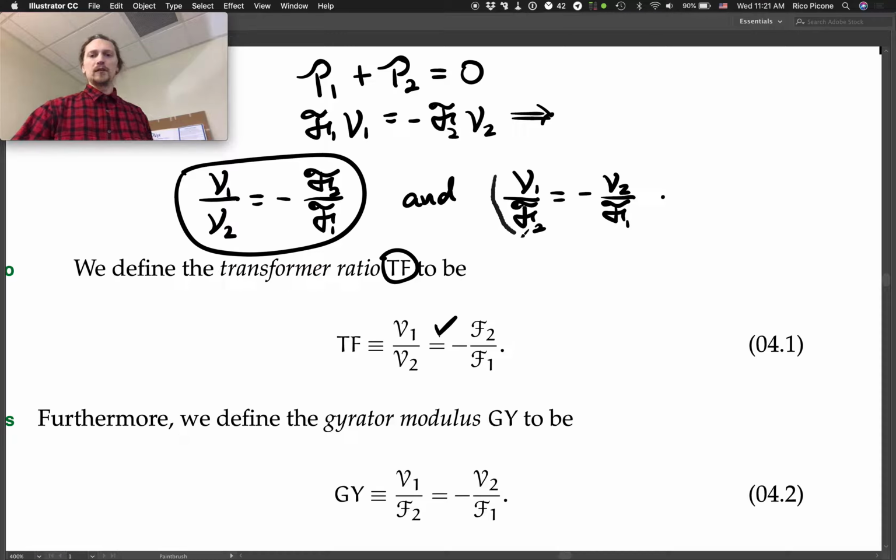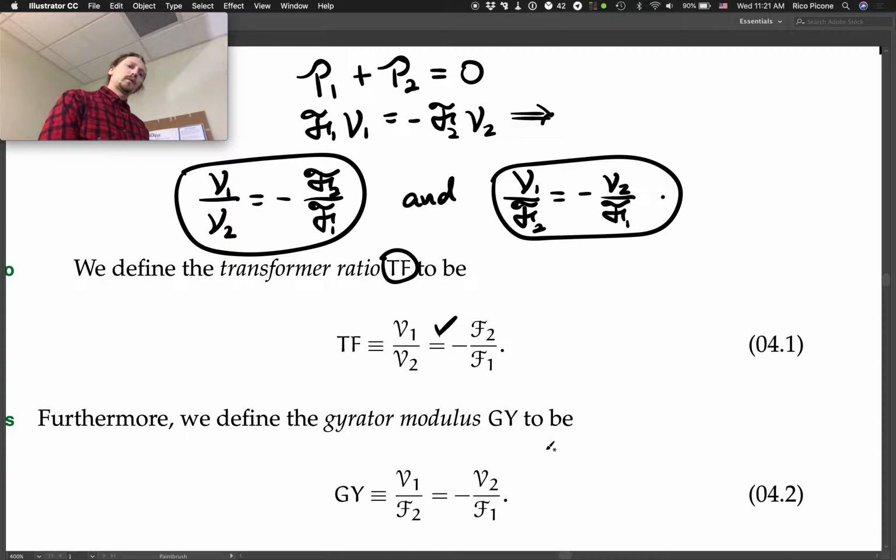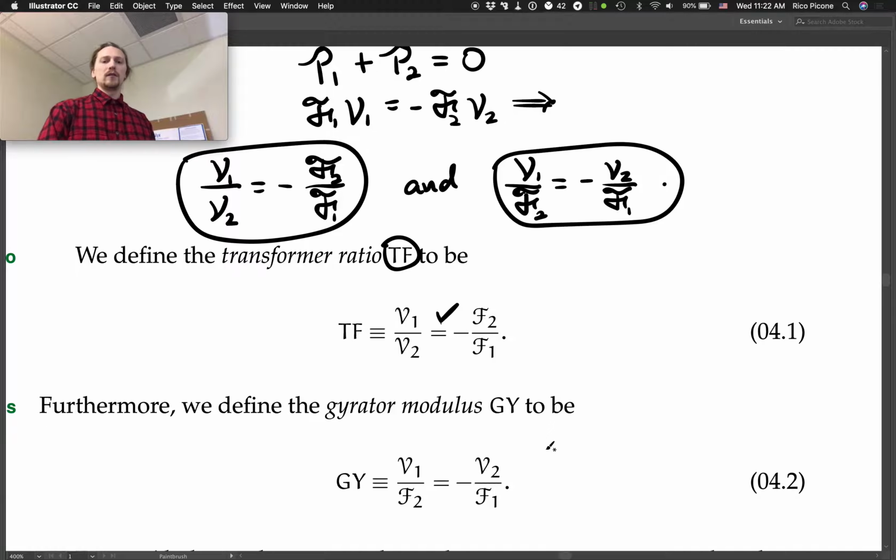So from this relationship, we know that's just negative V2 over F1. And so we've defined two different fractions. Really, the reason this one's called a ratio is that you're taking the quotient of two across variables. So there are two things that are alike, right? So we tend to call those ratios.